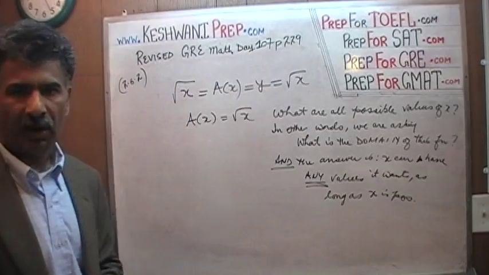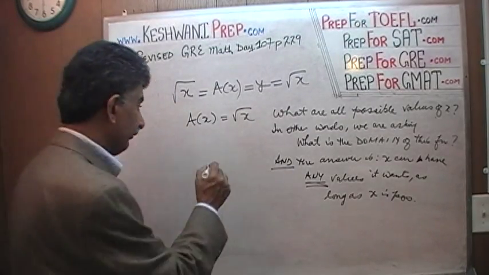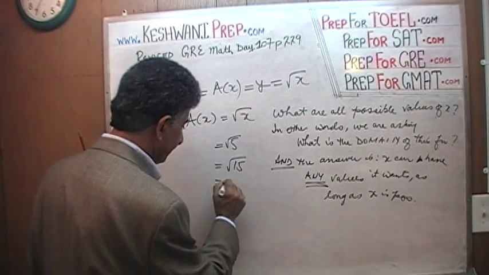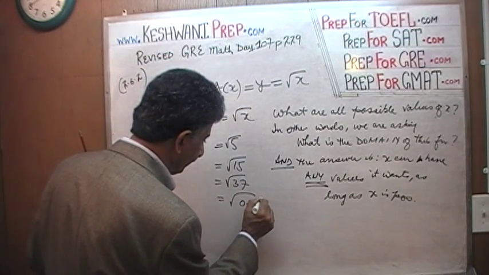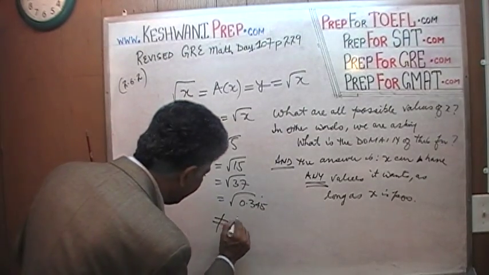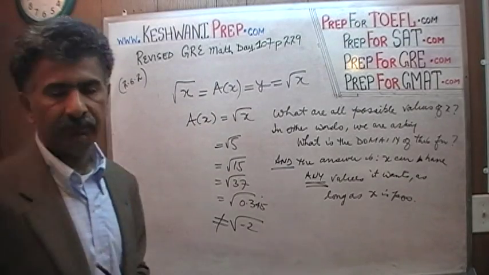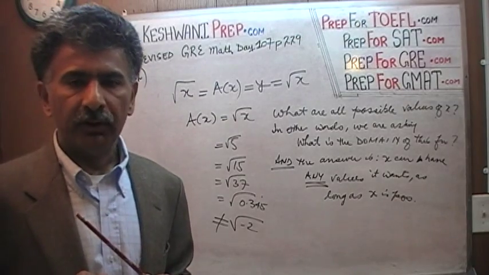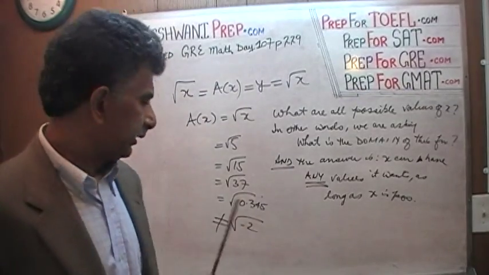As long as x is positive, because if x were negative, we will have trouble. x can be 5, x can be 15, x can be 37, x can be 0.345, but x cannot be negative 2. Because the square root of a negative number does not exist, as we just discussed. No real number exists which, when multiplied by itself, will result in a negative quantity. It doesn't exist.